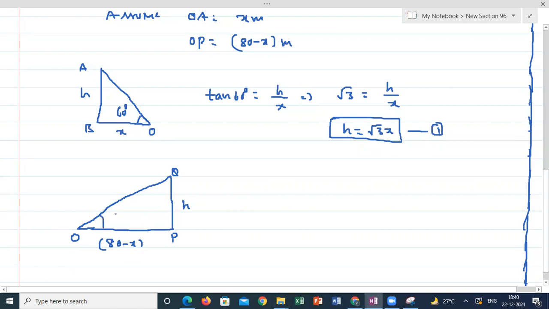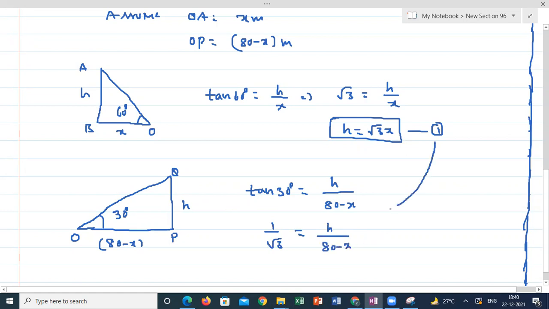This angle of elevation is 30 degrees. Applying tan 30, the opposite side is H, the adjacent side is 80 minus x. So 1 by √3 is equal to H by 80 minus x.